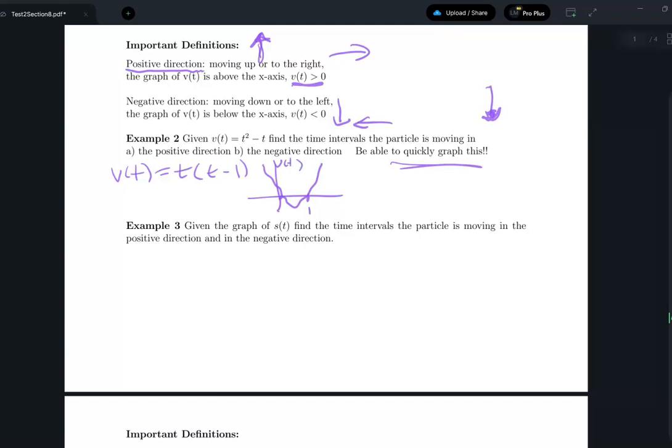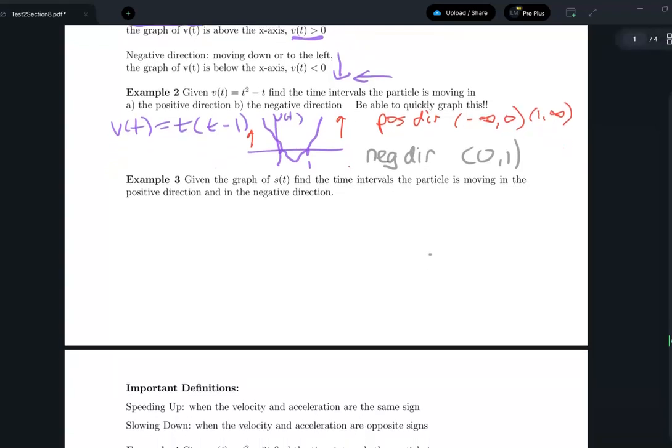So the graph is moving in the positive direction when it is above the x-axis. So the positive direction would be from negative infinity to 0, and then from 1 to infinity, because that's where the velocity is above the x-axis. And so the negative direction would be when it's below the x-axis, so that's 0 to 1.